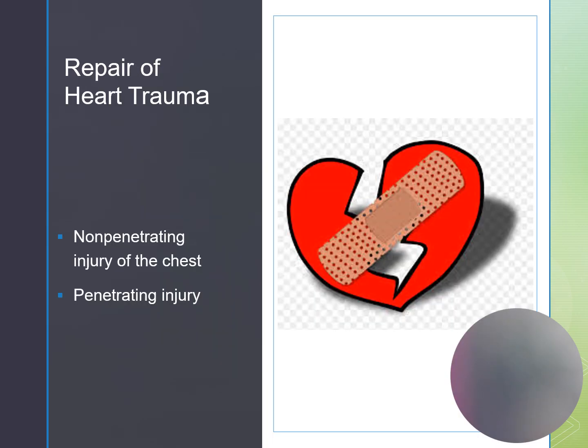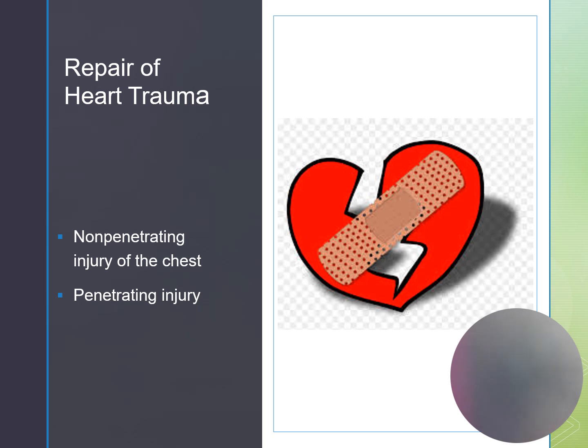We can repair heart trauma, let's say from some type of laceration due to a blunt chest trauma, or maybe a penetrating wound such as a stab wound or a gunshot wound.